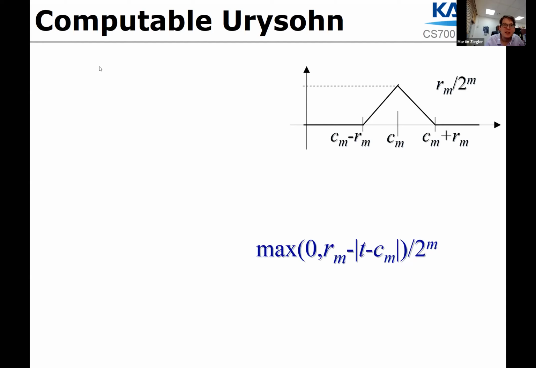Okay. So, and again, our construction of this admittedly artificial counterexample starts with a positive case, namely by considering this hat function again, which is again a one-Lipschitz function carefully scaled and shifted. So here the center is c_m, which is going to be a dyadic rational number, and its width and height is r_m, which is going to be another dyadic rational.